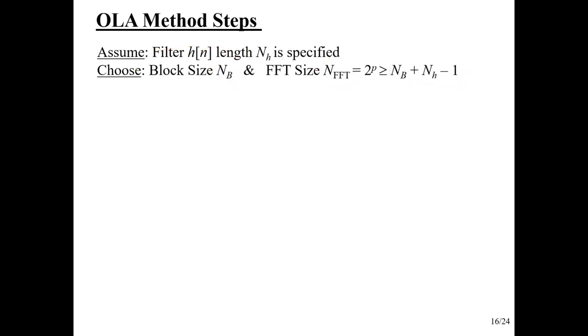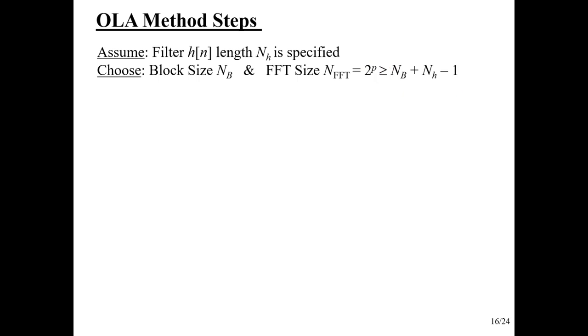But remember, it can be bigger, and there's an advantage to zero padding it out to be the next biggest power of 2. So what we usually do is compute what that is and then bump it up to the next biggest power of 2, and that would be our FFT size.